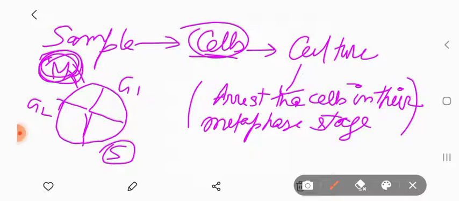For that we take that sample, which is called a biopsy, and then we do karyotype analysis of that sample to check whether there are translocations that lead to cancer or not. Or bone marrow samples can also be taken.